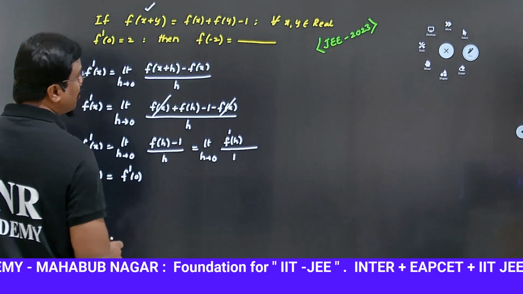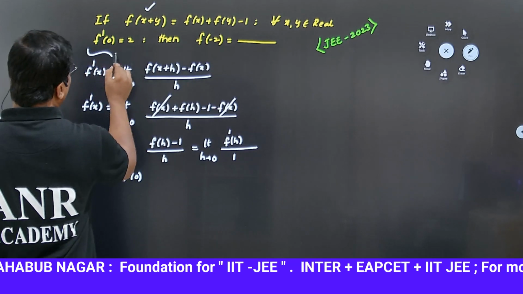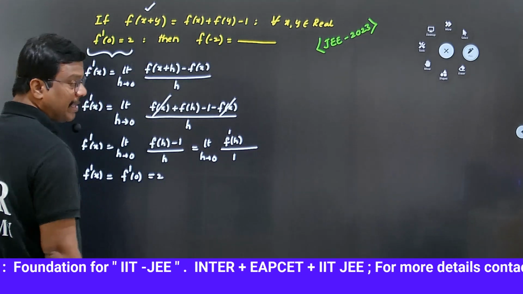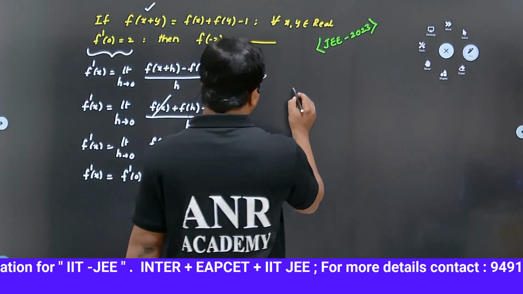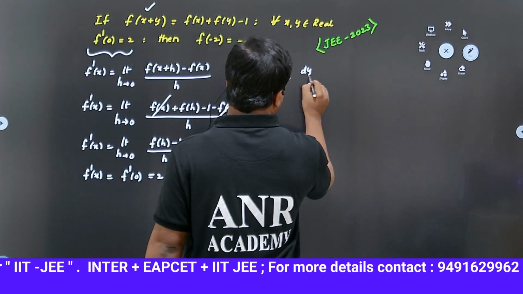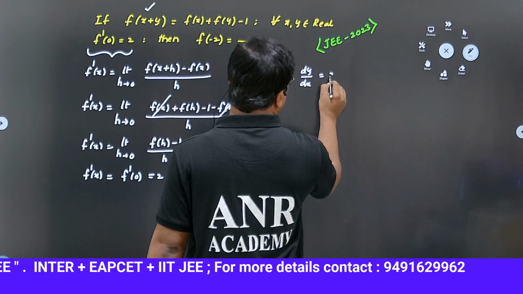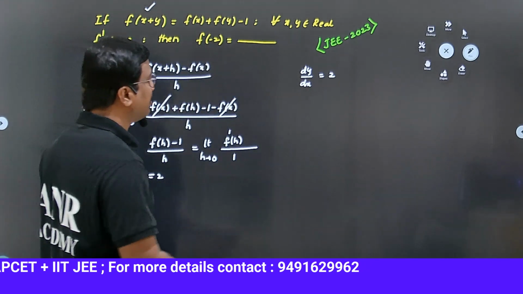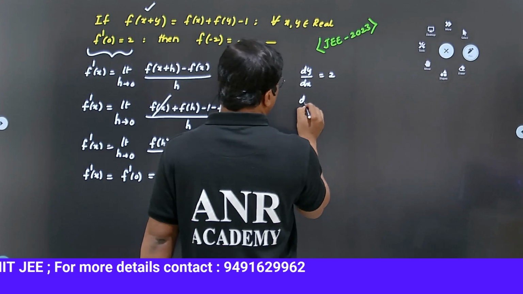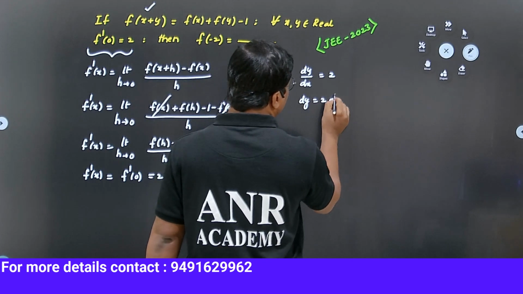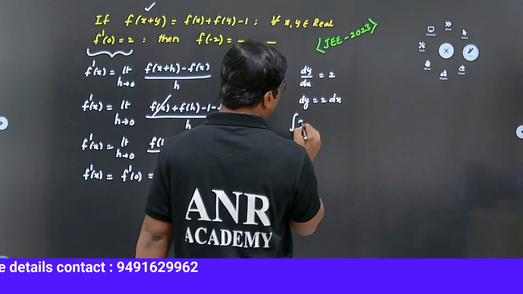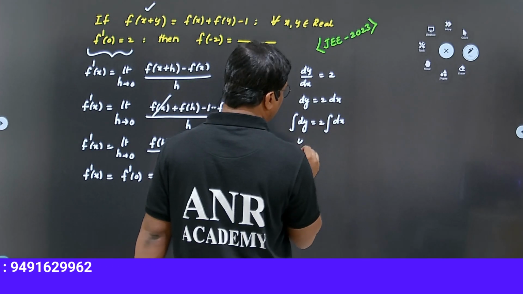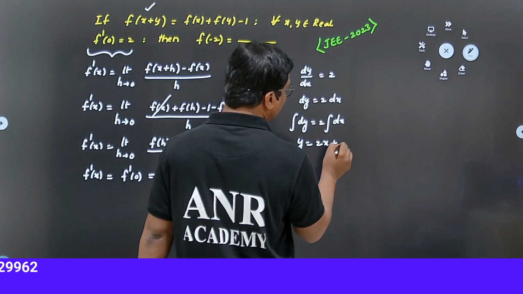Already in the question you have the f dash 0 value, that is clearly 2. So f dash x equals 2, and that can be written as dy by dx equals 2. f dash x is nothing but dy by dx. On cross multiplication, dy is written as 2 dx, and apply integration on both sides. Then we get y equals 2x plus c.